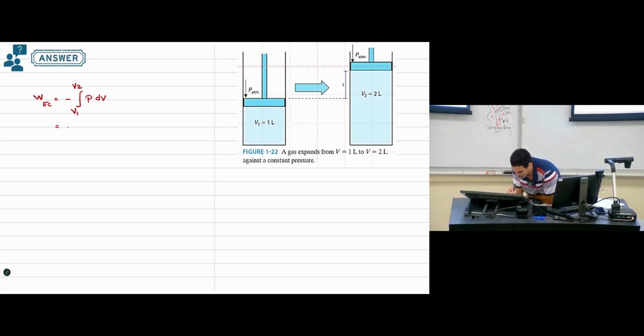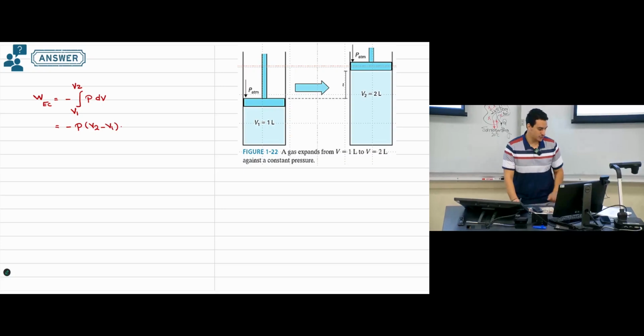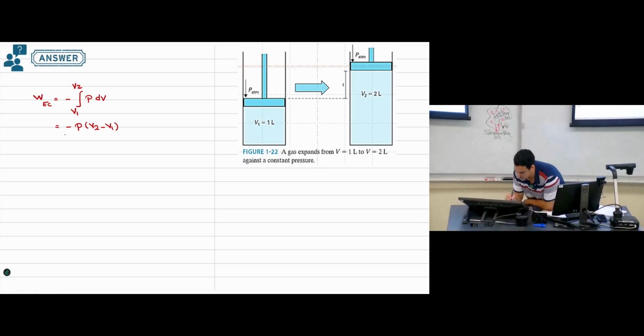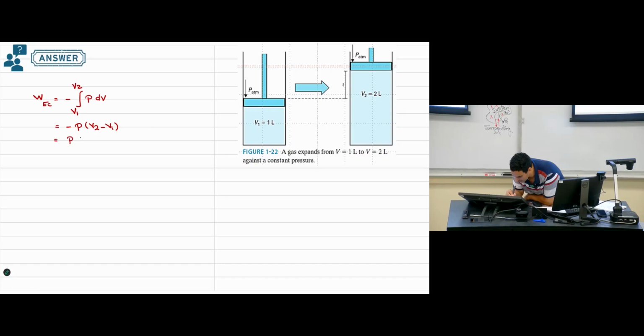So this will be negative P times (V2 minus V1), just the limits of the integration. Put the negative inside, so this will be P V1 minus P V2.